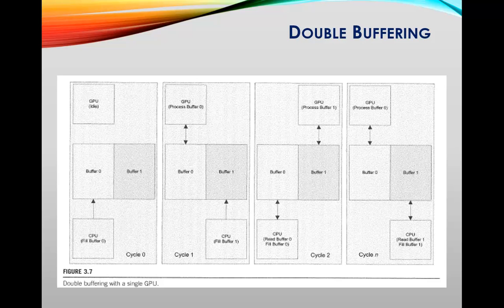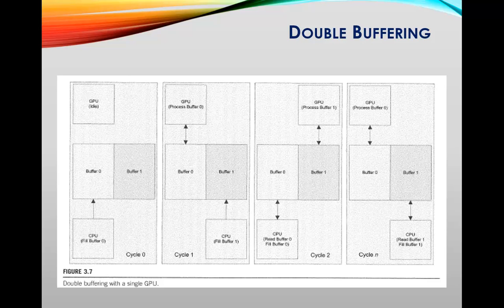So in cycle 0, when the GPU idles, your CPU fills buffer 0 with the data that needs to be transferred to the GPU. And in cycle 1, the GPU will be able to work on buffer 0 and process the data, while your CPU, at the bottom of this image, will be transferring data into buffer 1.